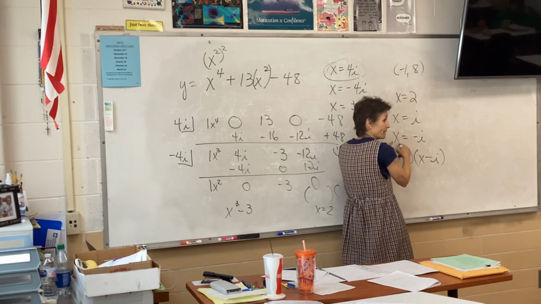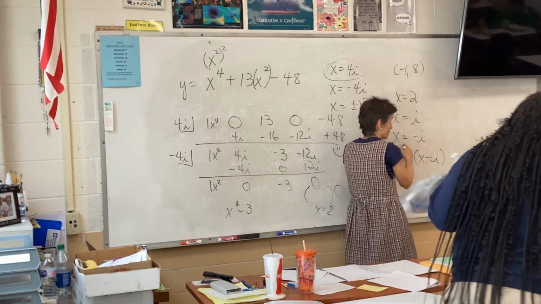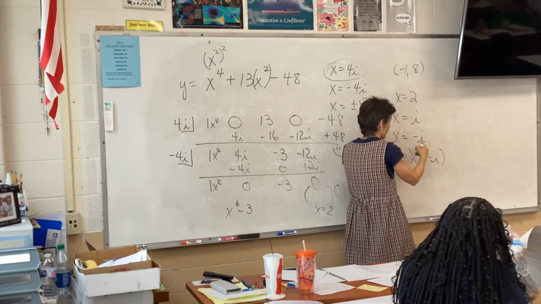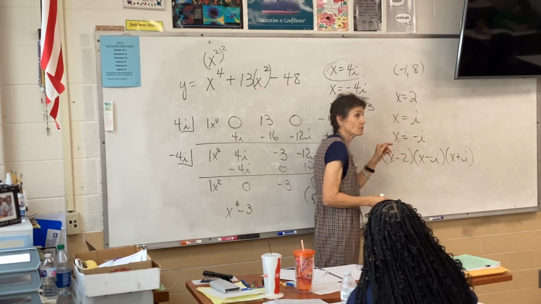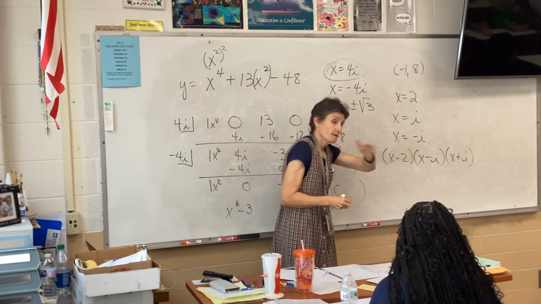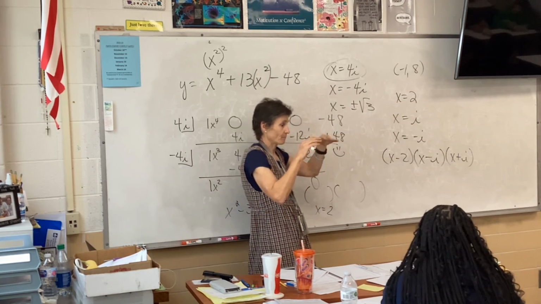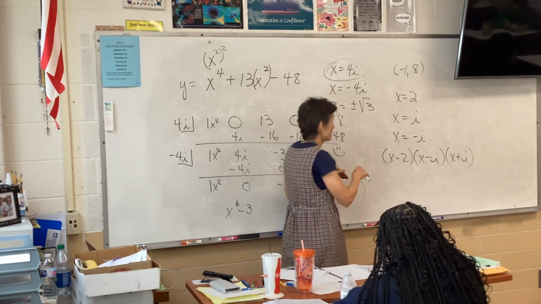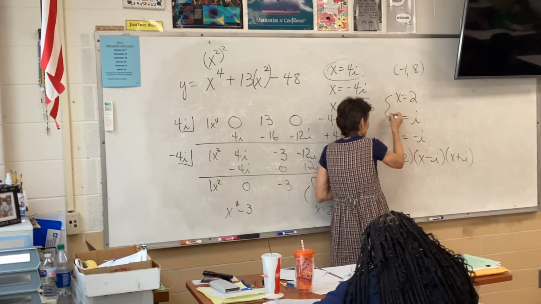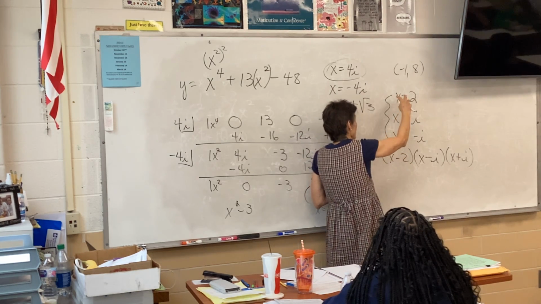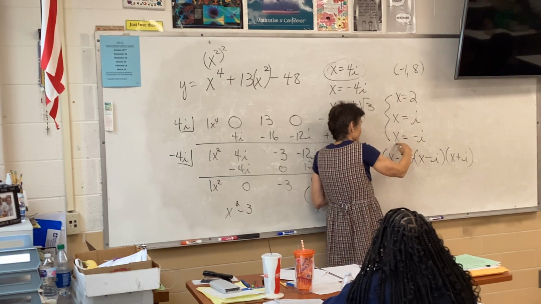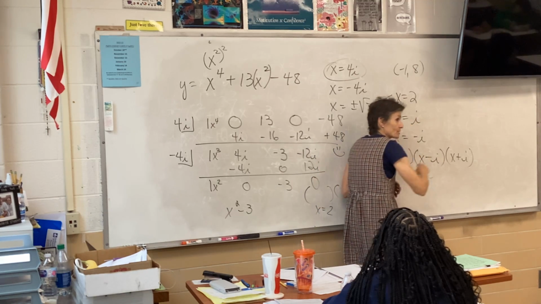And what would that one be? x plus i. Now are y'all with me? You have that post-lunch zoning out thing going on. Does everybody understand how we went from the answers, the zeros, back to the factors?